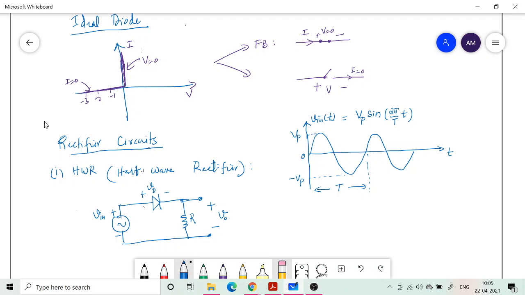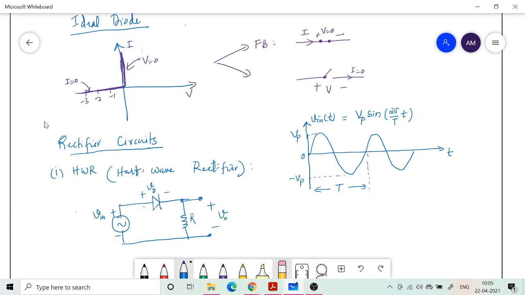The phase is 0 at t equal to 0, so sine is 0 and it starts from 0, and as time increases, the voltage increases. It reaches a peak when omega t becomes pi by 2.